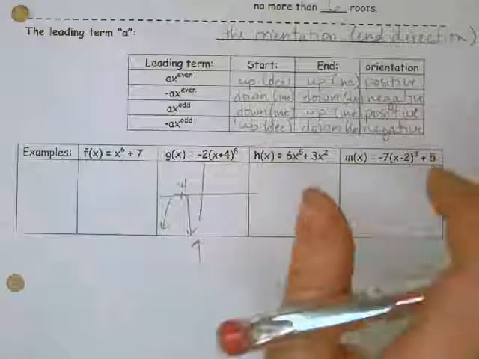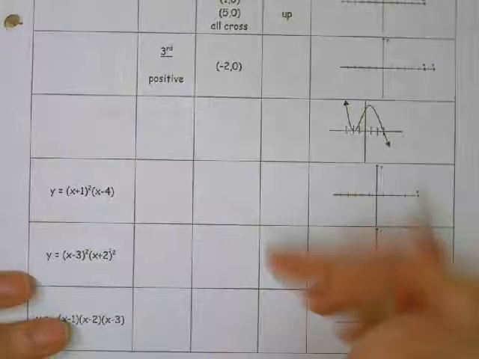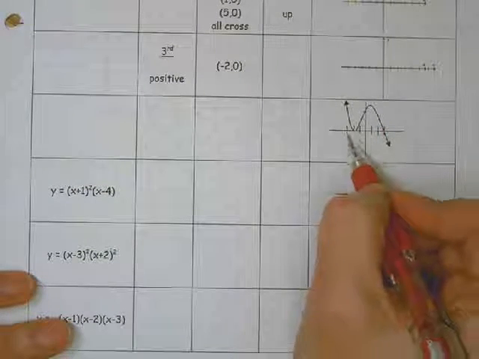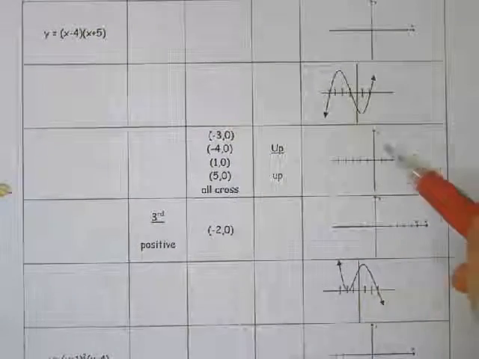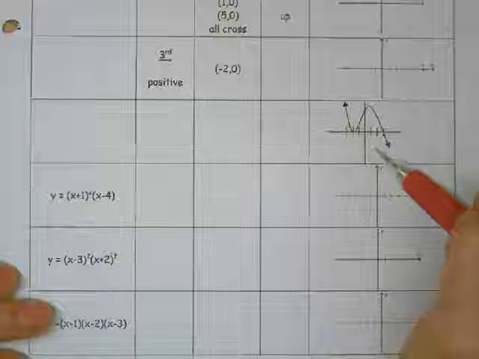So on your 6-2 worksheet, practicing with polynomials, I'm going to take a look at this graph right here. So in all of these situations, you're given various parts of the polynomial. So this particular one, we're given the graph.